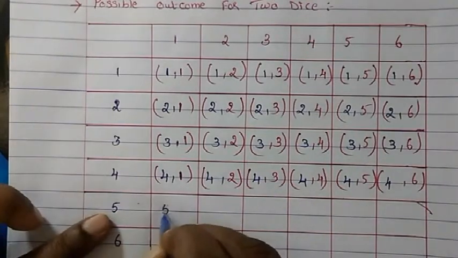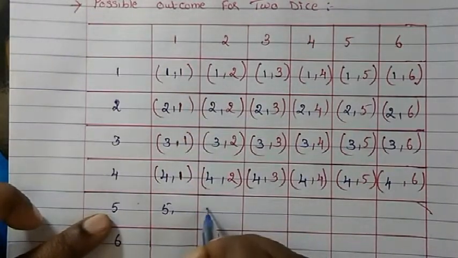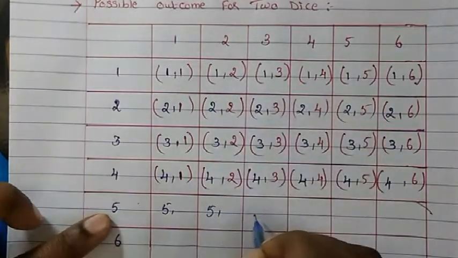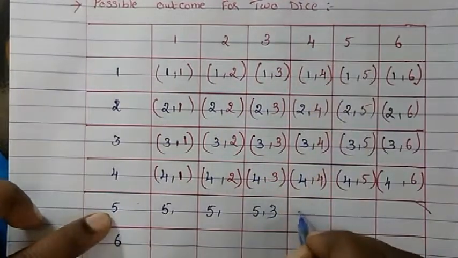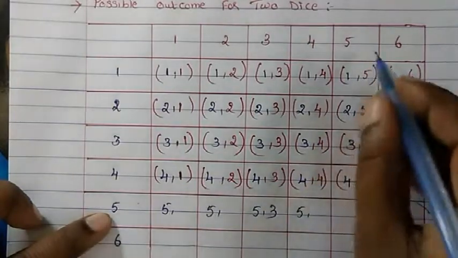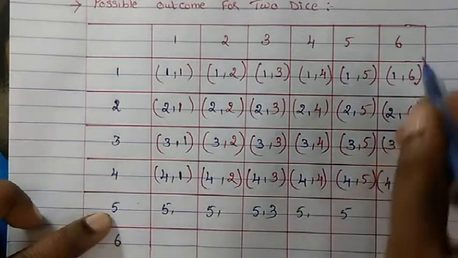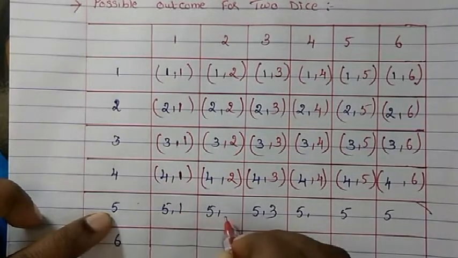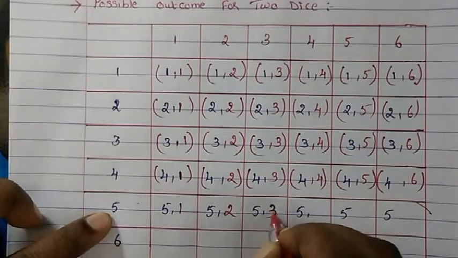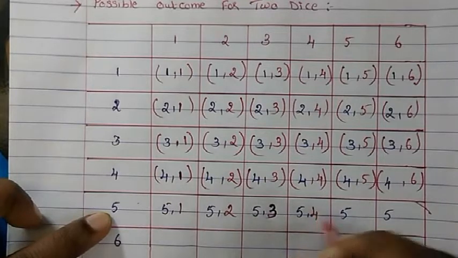Same way with 5 also. With 5 there can be 1, 2, 3, 4, 5, 6.